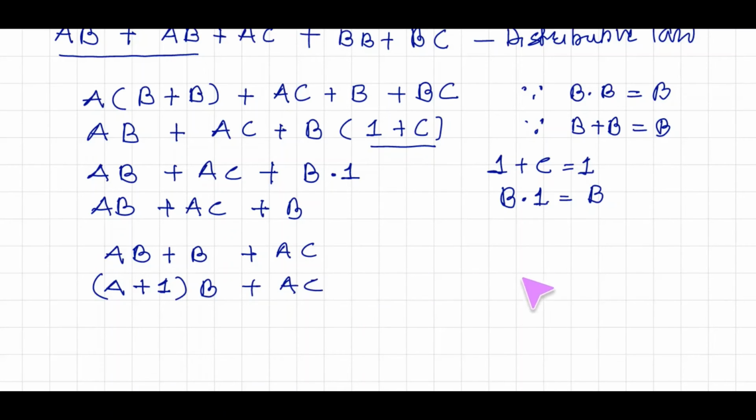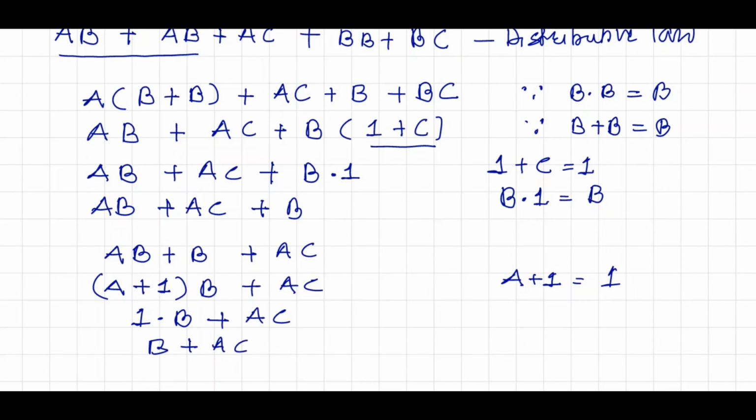We know that A plus 1 is always equal to 1. So whatever the value of A, if A is 0, 0 plus 1 is 1. If A is 1, 1 plus 1 is 1. So now A plus 1 can be replaced by 1. So here we have 1 into B plus AC, and finally the term is B plus AC.